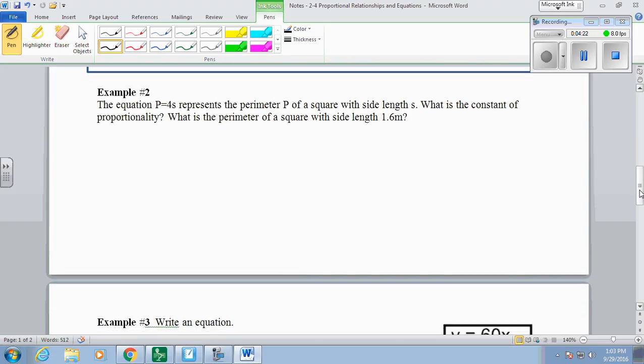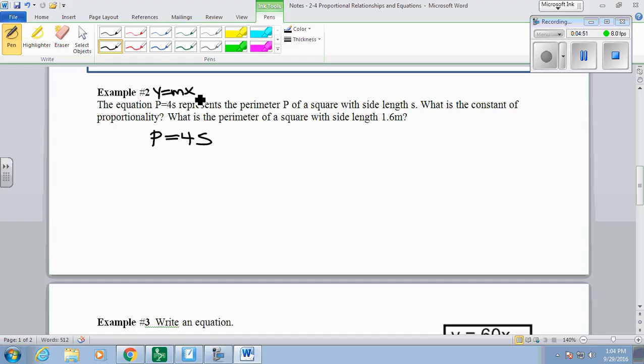On example number 2, it says that the equation p equals 4s represents the perimeter p of a square with side length s. What is the constant of proportionality? What is the perimeter of a square with side length 1 6/10? The equation that they gave to us, I'm going to write down as p equals 4s. It is very similar to the equation y equals mx.